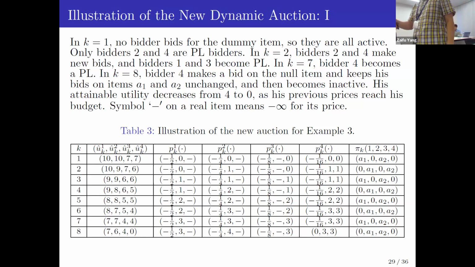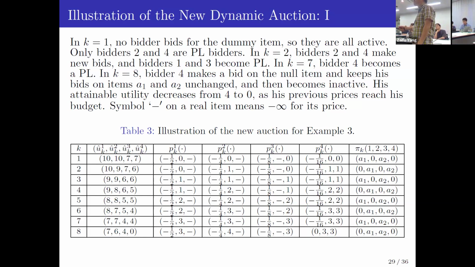So include the minus sign, because this is the minimum one. Okay, so now here you see only bidder 2 and bidder 4 are provisional losing bidders, right?